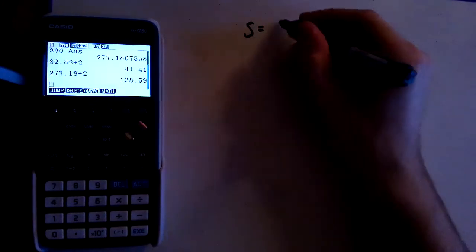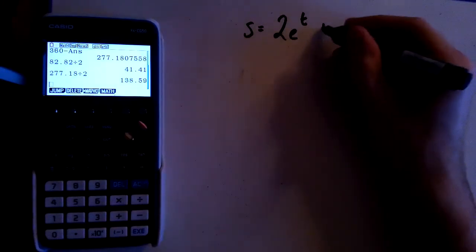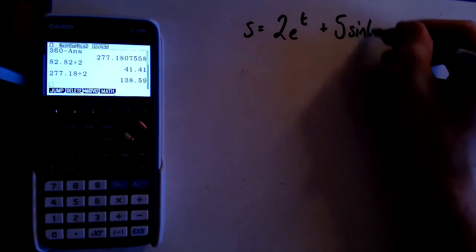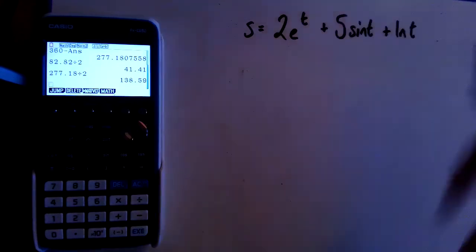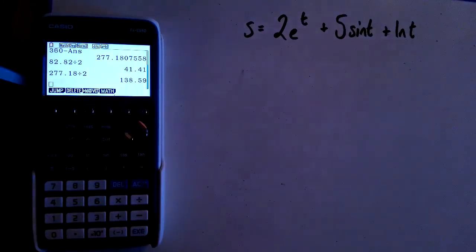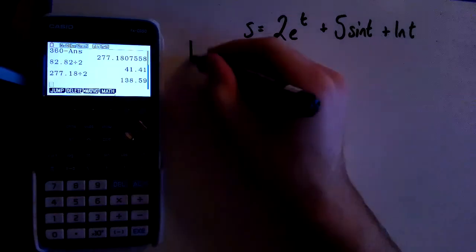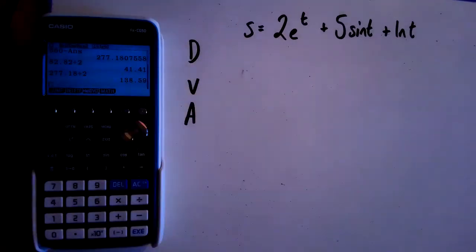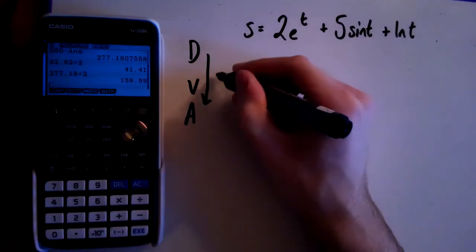And the last one, we've got our displacement is S is 2e^t plus 5 sine t plus ln t. And we want to find the velocity. So that means we're going to use ds/dt. So going down, we differentiate.